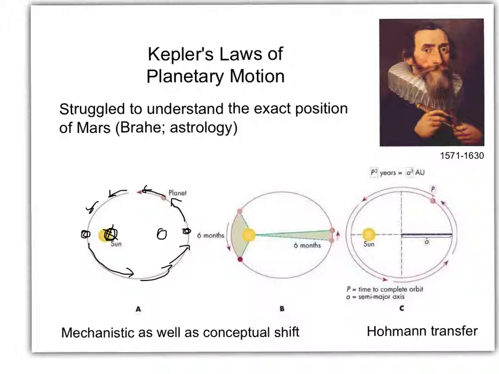Okay, so we have perihelion here, and the opposite of peri is apo, far away, but apohelion sounds funny, so instead it's aphelion. Okay, so that's the first law, elliptical orbits.